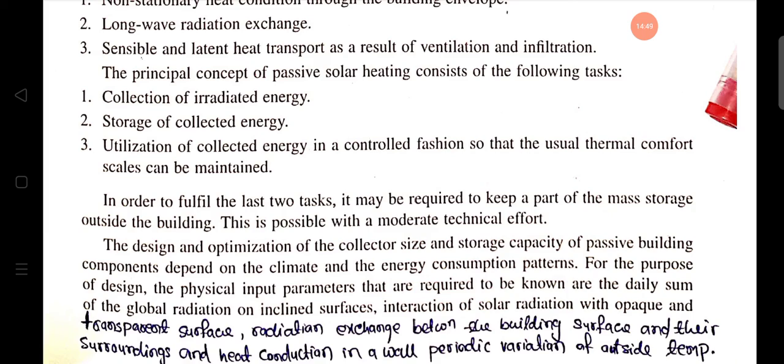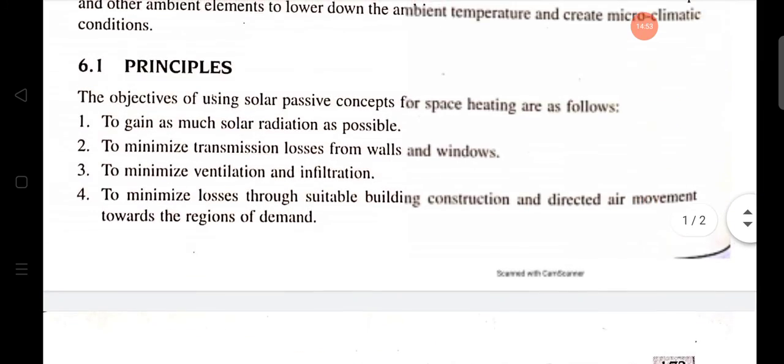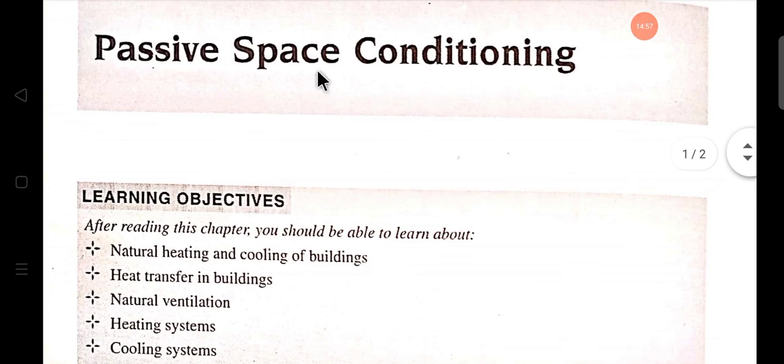That is the concept of space heating using solar energy. This is called passive space conditioning.